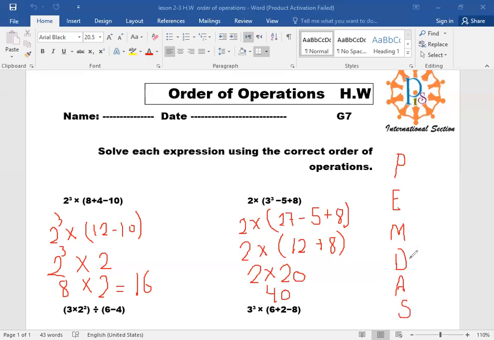I said that multiply and divide are one family. Which one comes first? You have to work from left to right. Add and subtract are the same, they are one family. Which one comes first? You are welcome to use it from left to right. So this is our lesson, which was 2.3, and that's it. Understood, Hassan?